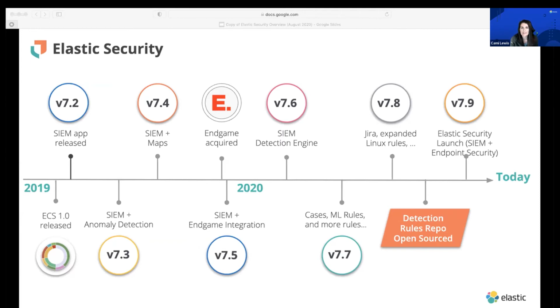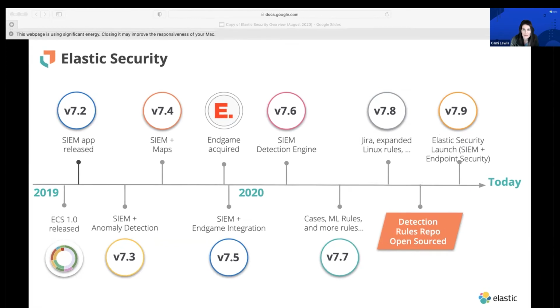And let's see what else. As I mentioned, we acquired Endgame. And then most recently, and this is the part that's really cool, we created in GitHub an open source rules repo. So you can now go out to GitHub, you can contribute to this repo, you can collaborate with other engineers in real time on detection rules.